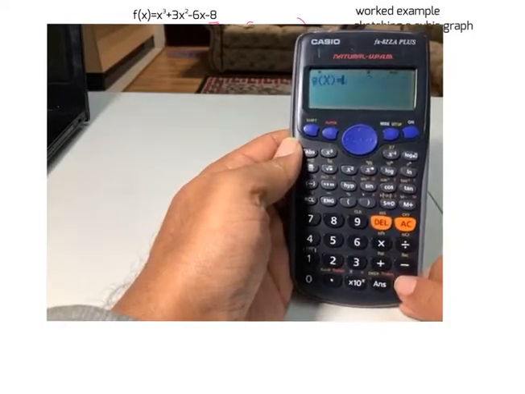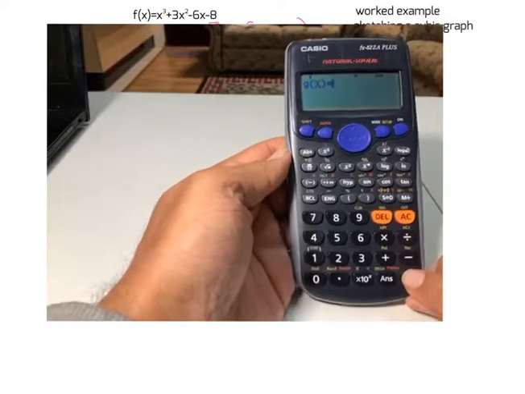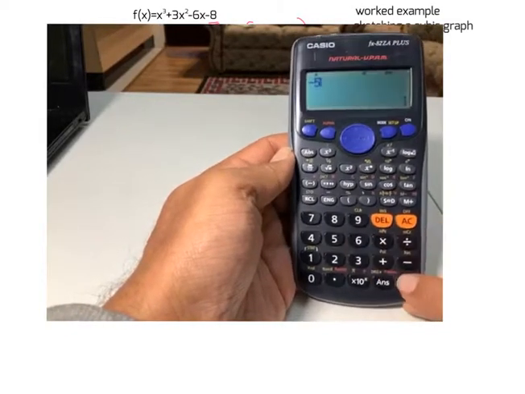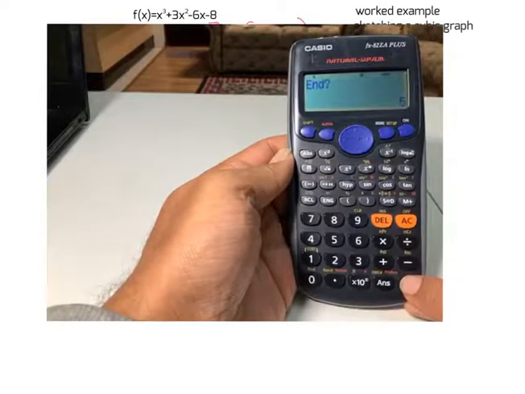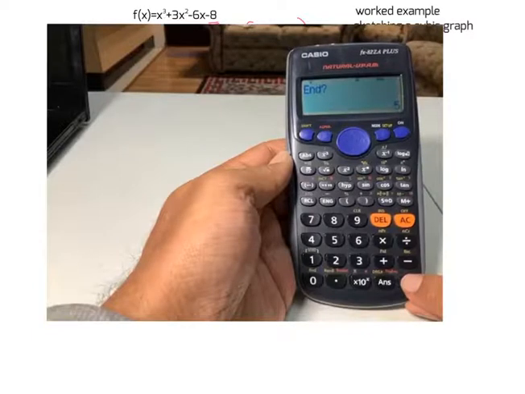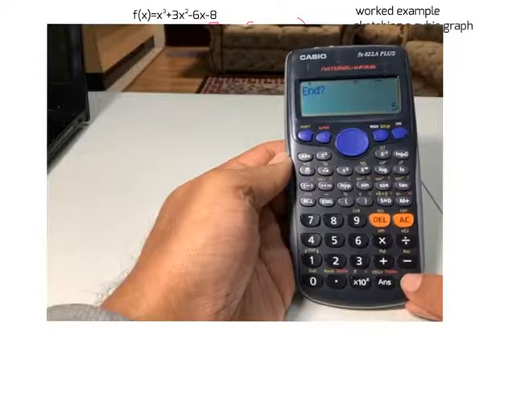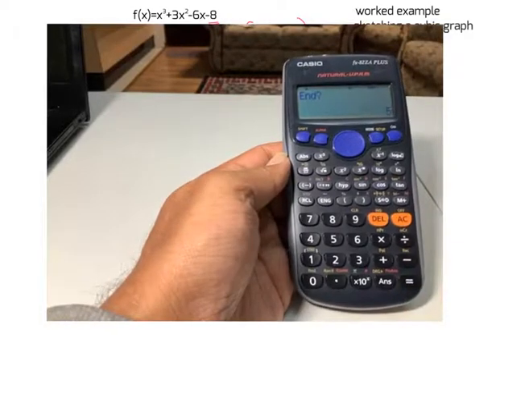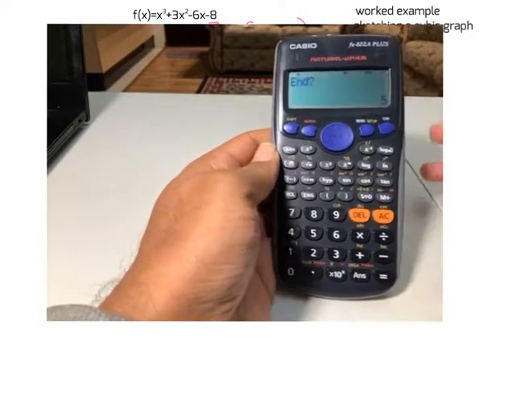So I type that, and I can skip g(x), and I can start from negative 5 and end at 5. I can start from any number, maybe even negative 100 to 0. The only thing is to start with the minimum and end with the maximum.